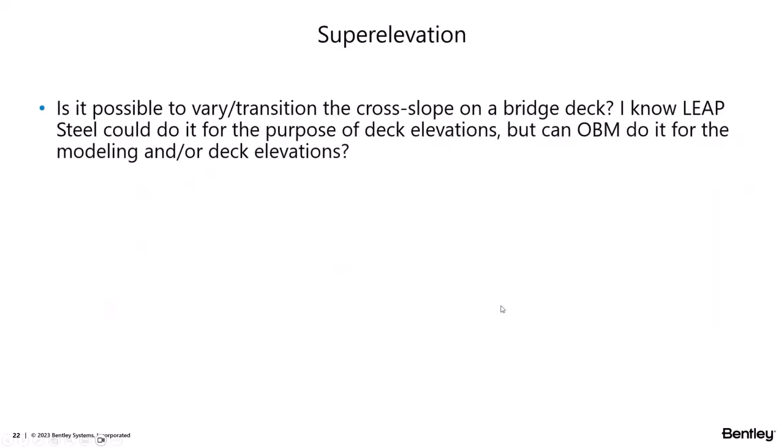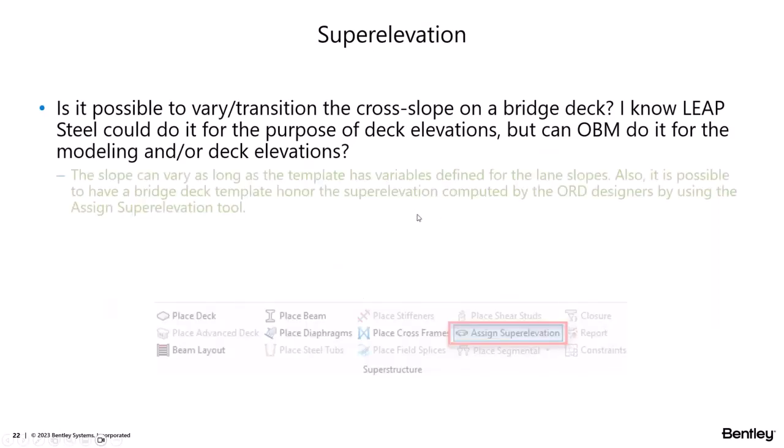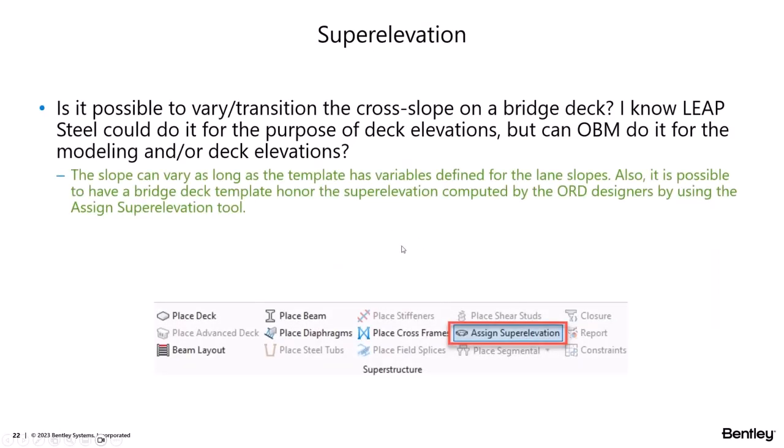Super elevation. This one actually came up on one of my calls earlier this week, but this slide's actually from a little before that. But we can assign super elevation to one of our templates. So if the roadway folks, typically when they compute super elevation on their project, they don't stop at the bridges. All right, they'll go from the beginning of the alignment to the end of the alignment, and they'll add lanes out there. Now, a lot of times their lanes won't match up exactly with points on your deck template, and that's okay.